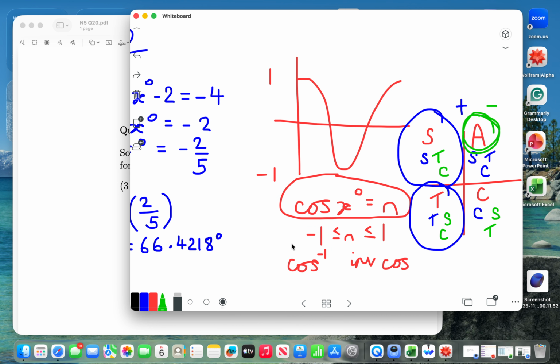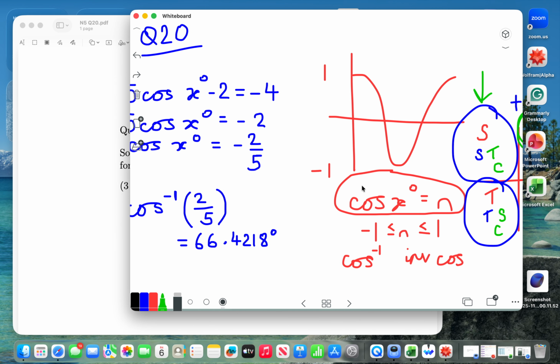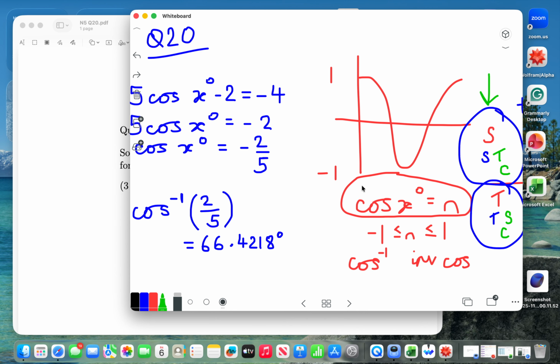But because the cosine is positive in this quadrant, that can't be one of the solutions. In this quadrant, the S quadrant, the angle is 180 minus the value given on the calculator. But the cosine is negative in this quadrant, so the value given in the S quadrant is one of the solutions.